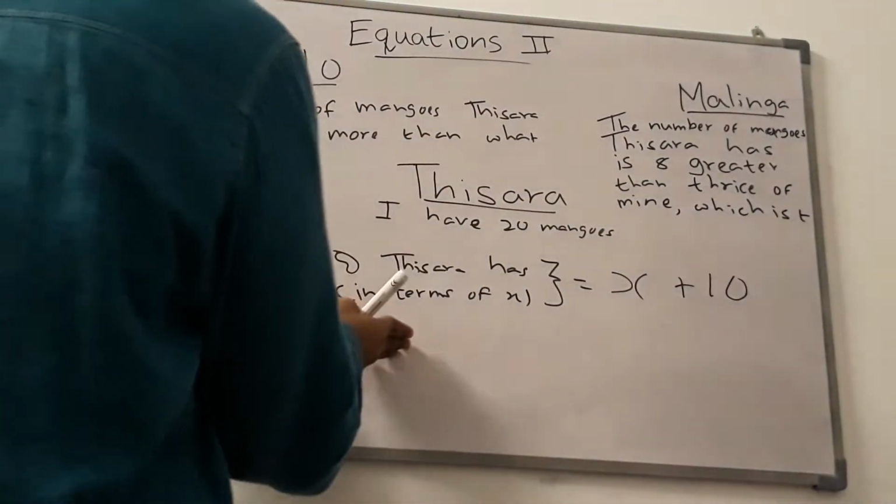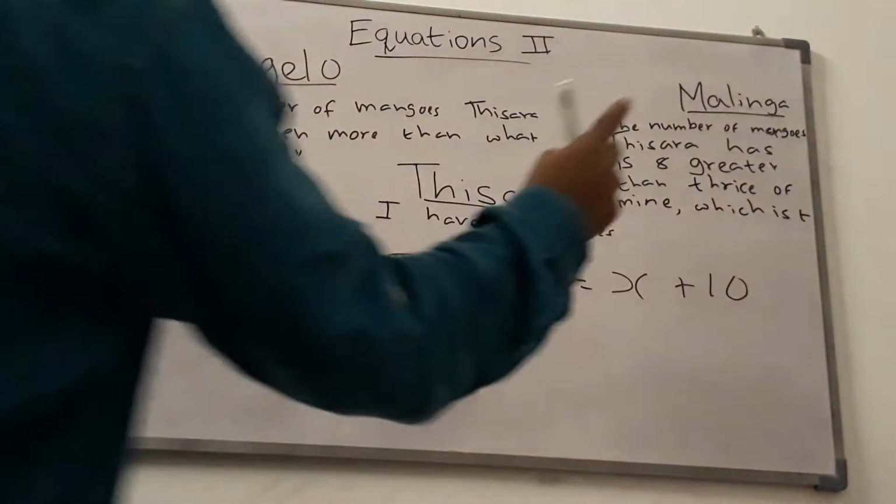So the number of mangoes Tissara has means X plus 10.